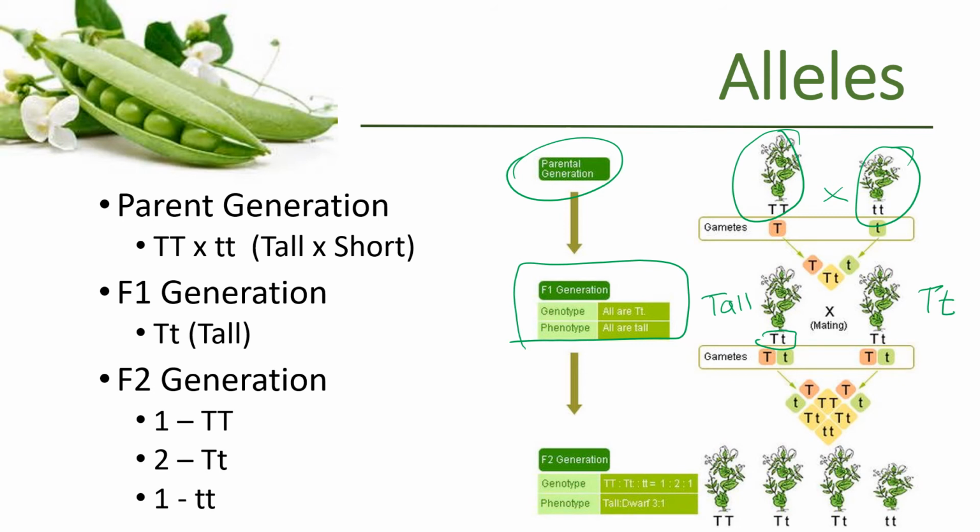Then if we took those big T, little t heterozygous offspring and crossed them in the F2 generation, you would see the pattern of 3 tall plants and 1 short plant. The genotype pattern would be 1 plant is homozygous dominant, 2 plants are heterozygous, and 1 plant will be homozygous recessive.